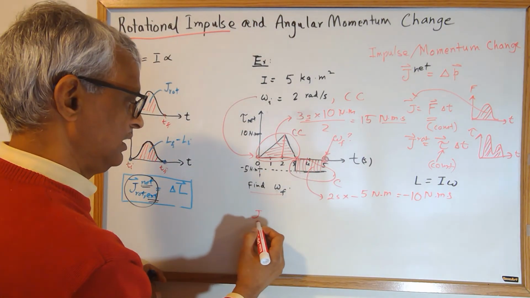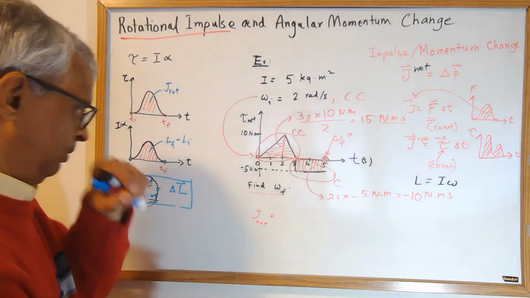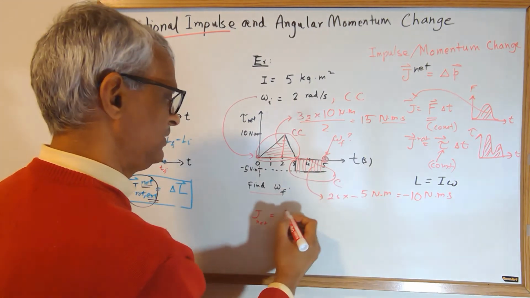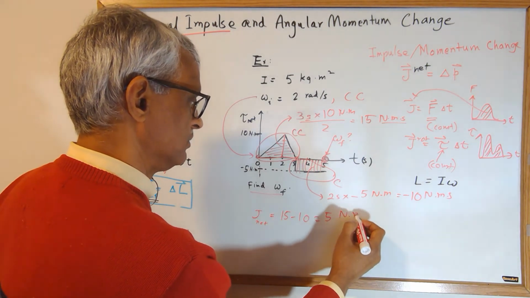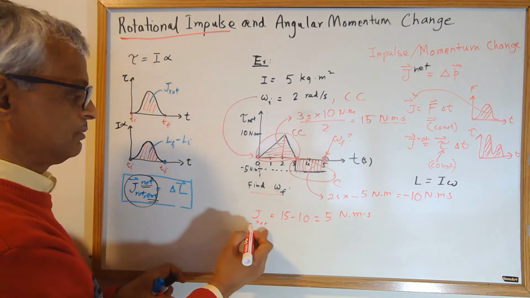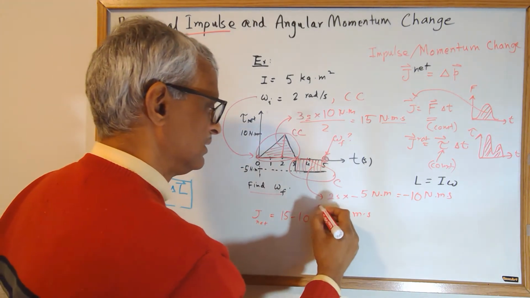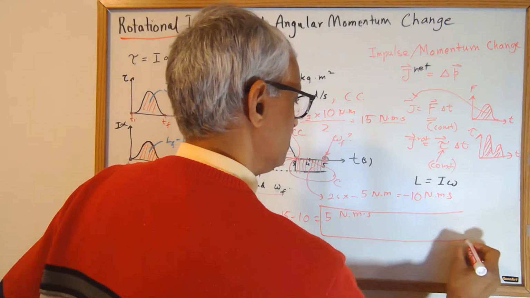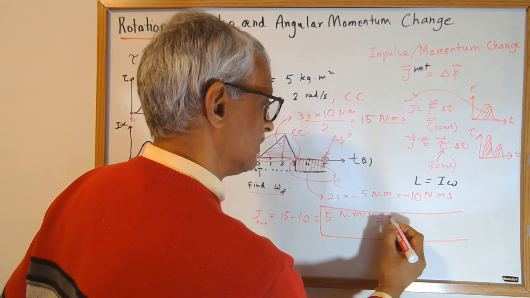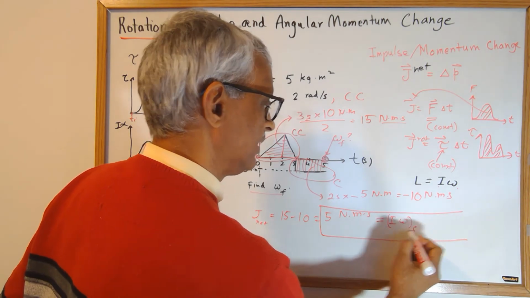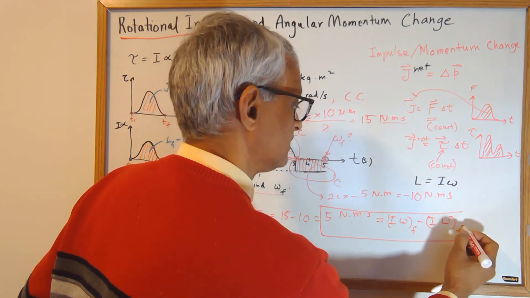So J net is equal to 15 minus 10, which is 5 Newton meter second. This must equal the change in angular momentum. So I will make this equal to I times omega at the final time minus I times omega at the initial time.